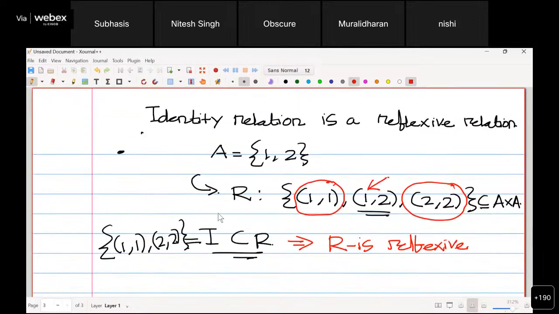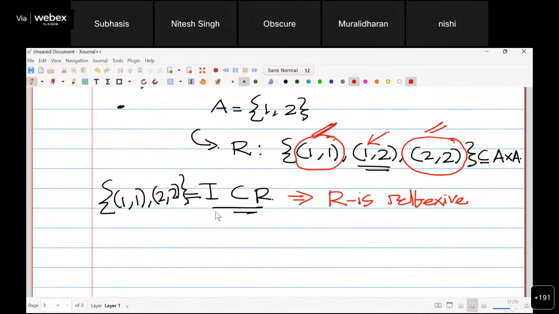For example, here R contains all the diagonal elements (1,1), (2,2), plus an extra element. So all the diagonal elements are necessary.